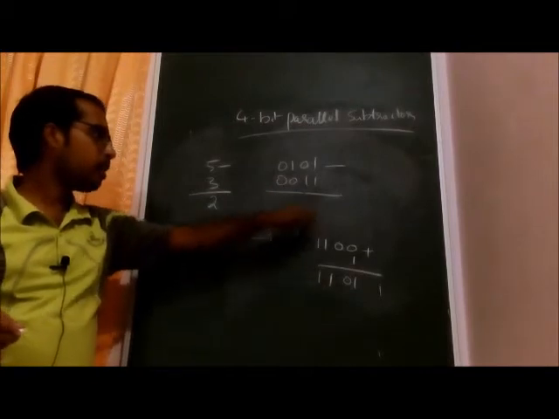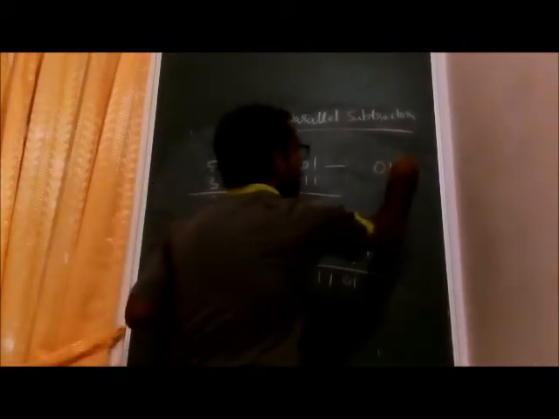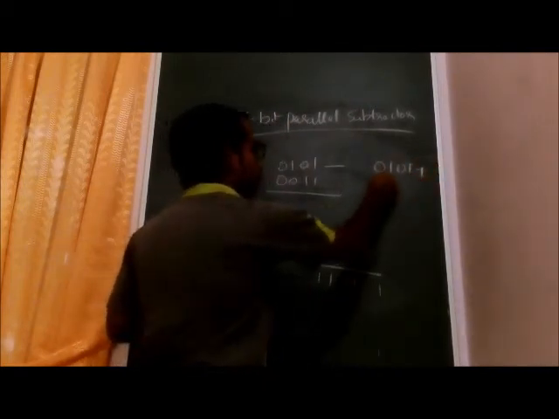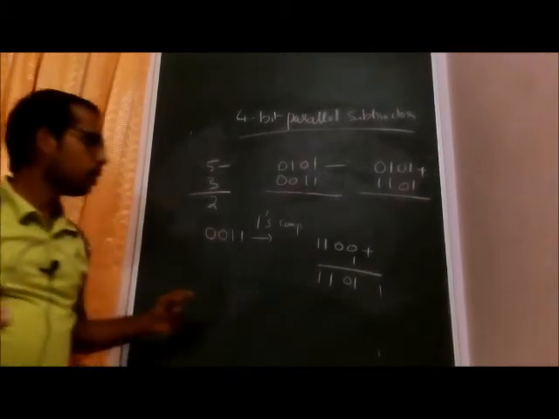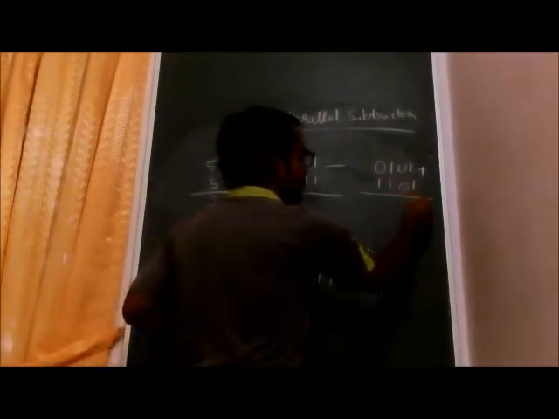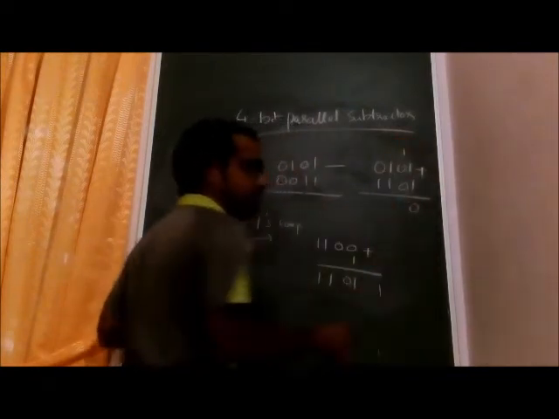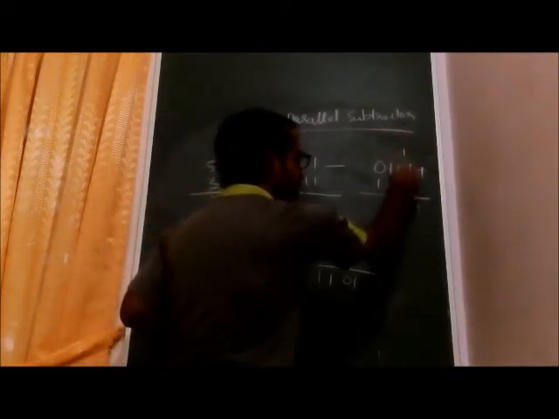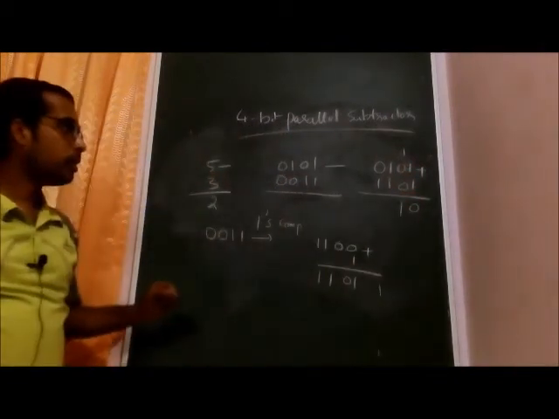Now we add this number to the first number. So 0 1 0 1 plus 1 1 0 1. How do we perform this? 1 plus 1 is 0 and there is a carry, which we put here, and 1 plus 0 is 1.